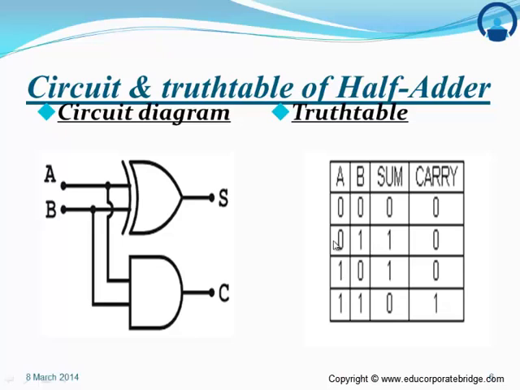Before this, let's see the truth table. These are the two inputs, A and B. The various combinations of inputs are 0 0, 0 1, 1 0, and 1 1. As we know the addition, 0 plus 0 is 0.